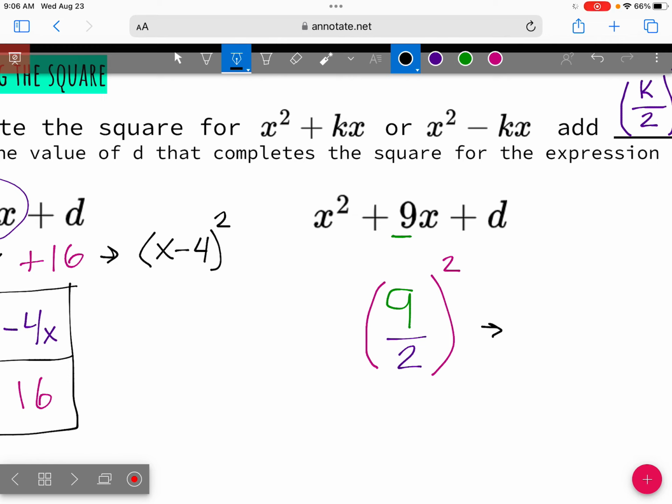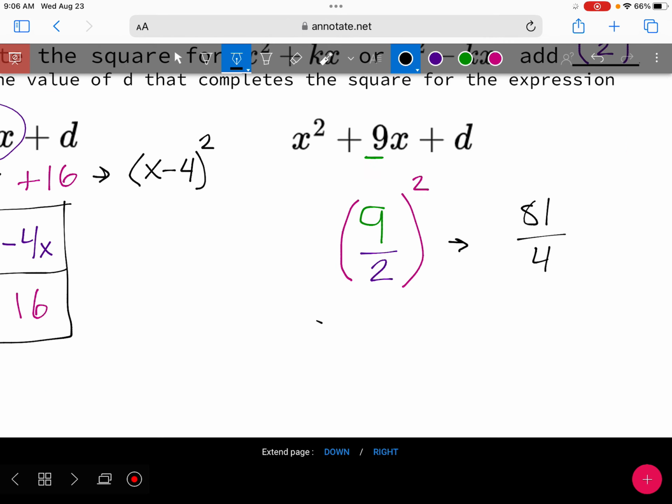What's 9 squared? 9 squared is 81. 2 squared is 4. When you have exponents, you could also write it out. 9 over 2 times 9 over 2 and multiply across.